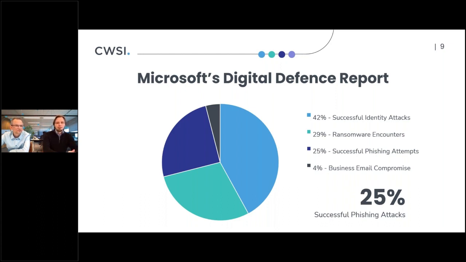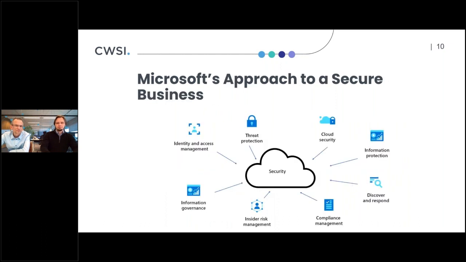And 42% of identity attacks even is successful. So phishing is a very important way for hackers to get access to data and to organizational assets.